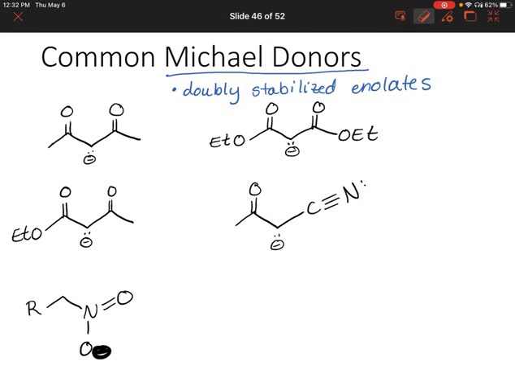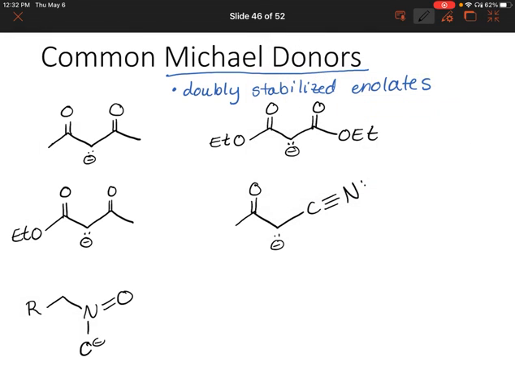Let me draw that a little smaller. There we go. So we haven't really seen this type of molecule used as a nucleophile before, but this could also work as a Michael donor because there is resonance there, and there are a couple of resonance structures that we could form. And then last but not least is that Gilman reagent that we talked about. So this one isn't resonance stabilized, but it is a weak nucleophile because it is bulky.